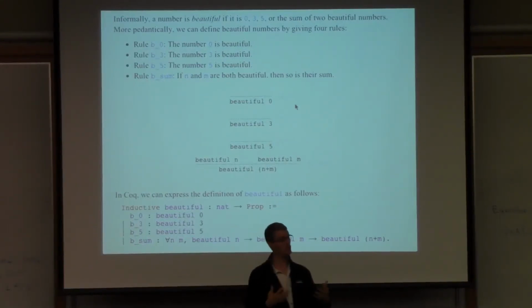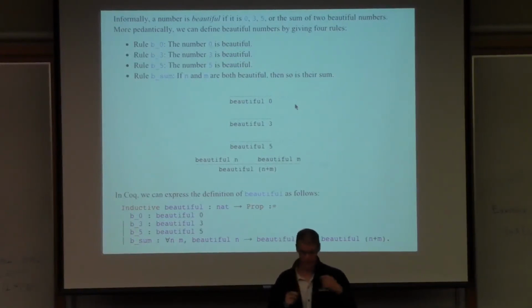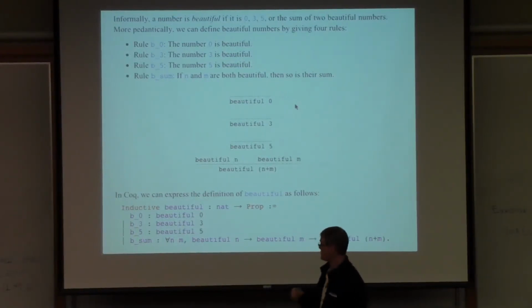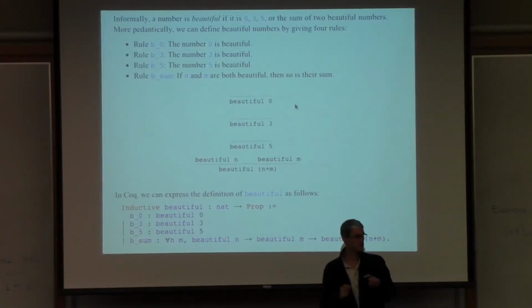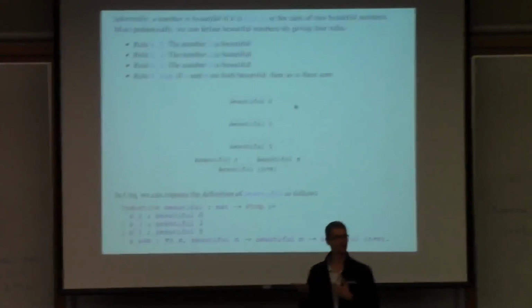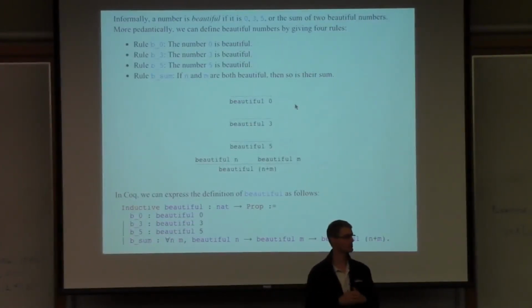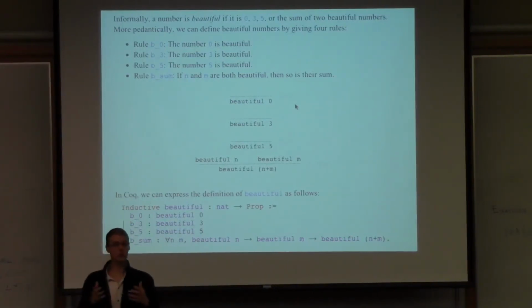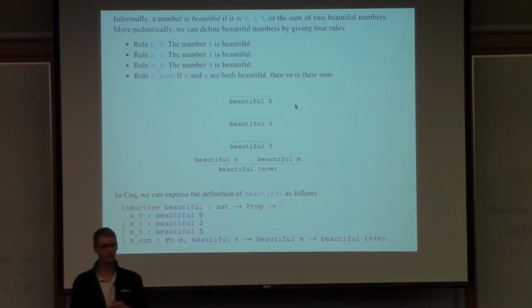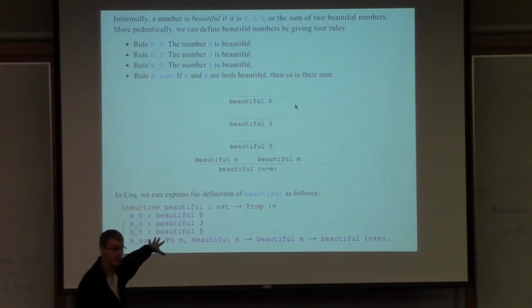And some of them will not be inhabited. So for each n, I'm defining here a proposition beautiful of n. And then that proposition may or may not have proof objects that inhabit it. And now, which are the ones that do have inhabiting proof objects?